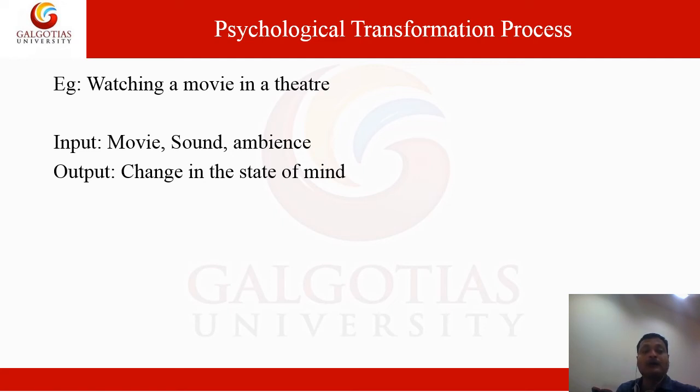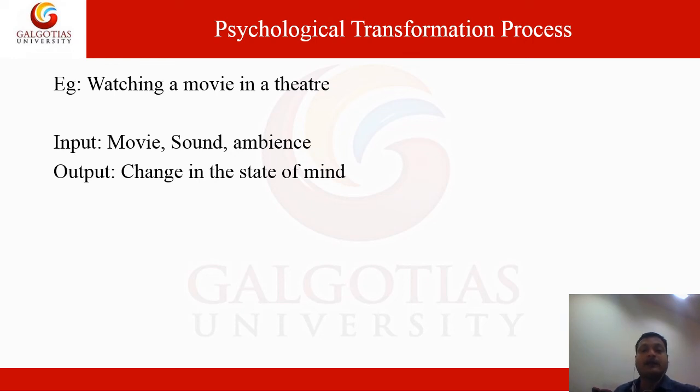All the transformation processes which we discussed so far, we can categorize into two different categories. One is where the input is raw material; in that case, the transformation is clearly visible to the persons. The first four transformation processes come under that category.